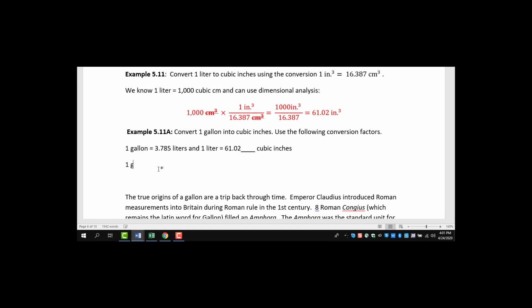I'll start it: 1 gallon times, I'm going to eliminate gallons, and then eliminate liters and get cubic inches. That's where I'm heading. So start with 1 gallon and end with cubic inches, which is not an inch. It's a 3-dimensional figure. It's a volume.